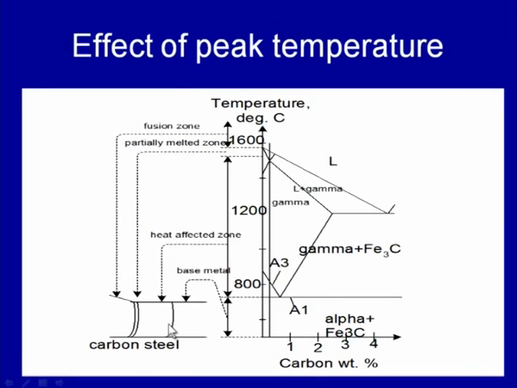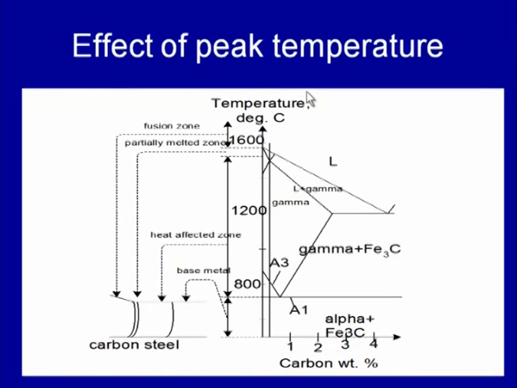So, this is the portion which will fall in the heat affected zone, and further a very narrow band can be seen here, which corresponds to the temperature zone between the liquidus and the solidus, because this is an alloy system where there is a range of temperature over which solidification takes place.